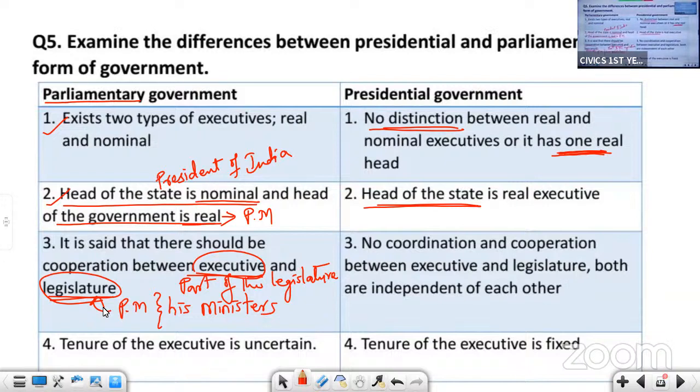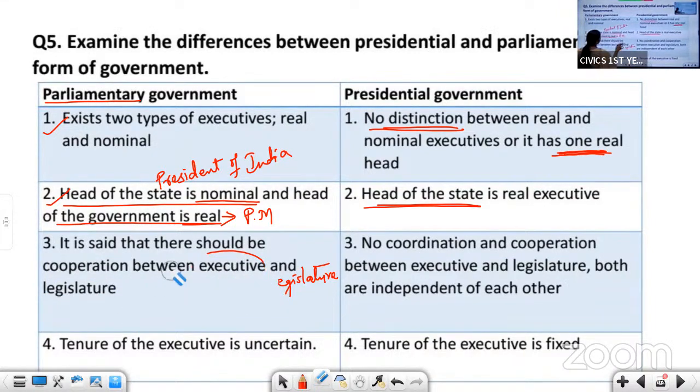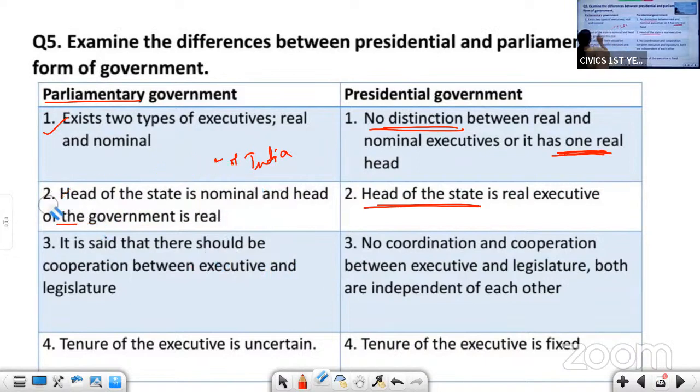They are coming from the legislature. They are elected by the people to the lower house. As their party got majority, they are forming the government. Okay. So legislature and executive, they cooperate with each other. In parliamentary form of government, there is cooperation between the legislature and executive.